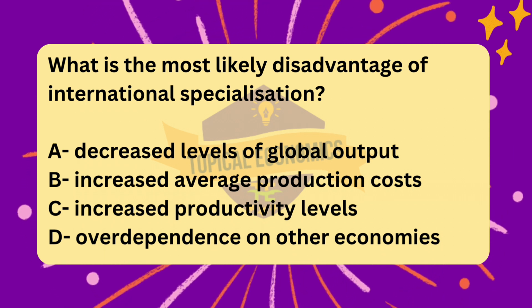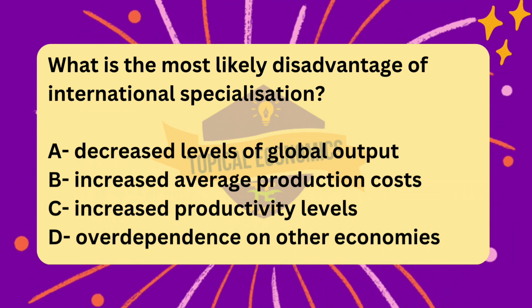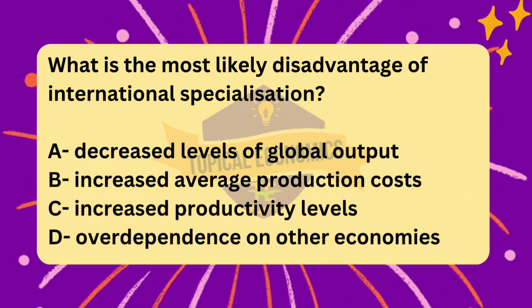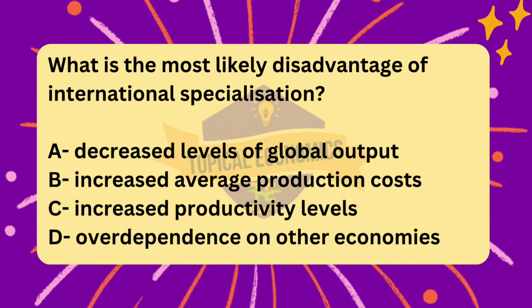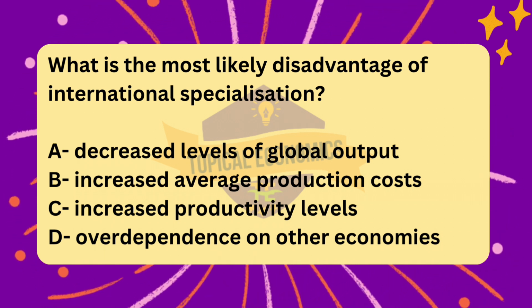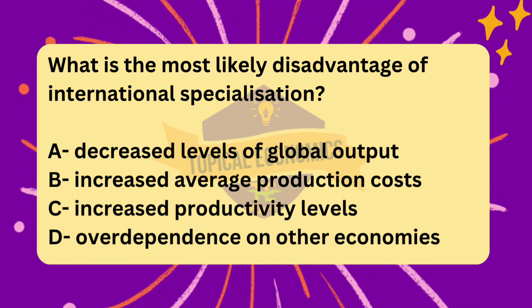One of the most significant disadvantages of international specialization is that it can make countries overly dependent on other economies for goods and services that they do not produce themselves. When countries specialize, they often concentrate their resources on producing specific goods or services in which they have a comparative advantage.